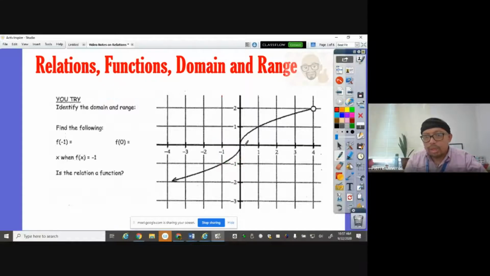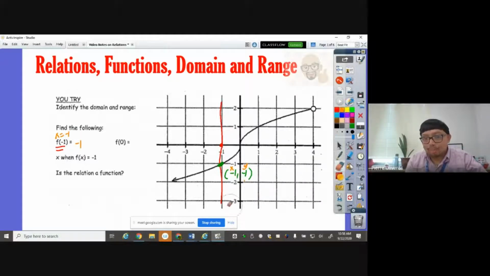Another way is, if you're being asked to find f of negative 1, draw a vertical line. If it crosses the graph, that's the answer. It crossed right here. What is that point? That point is (negative 1, negative 1). This is your x value, this is your y. So when x is negative 1, the value of y is negative 1. So the answer here is negative 1.